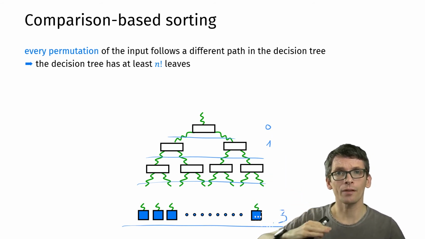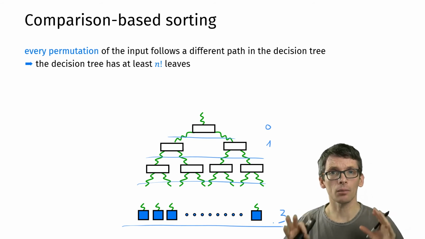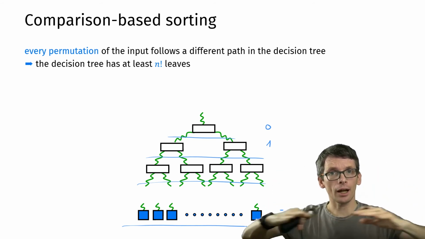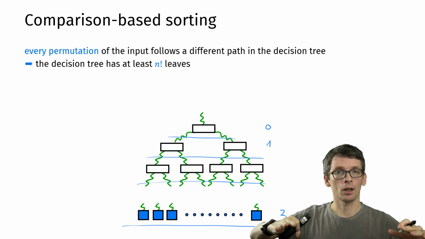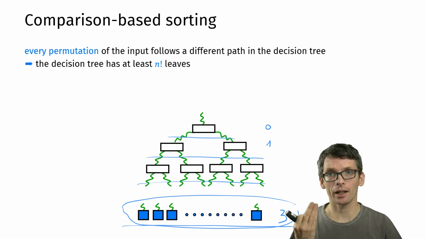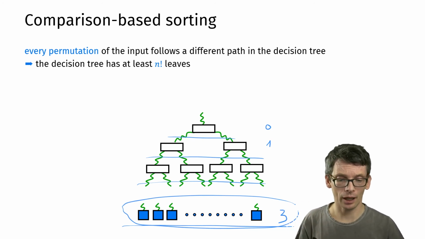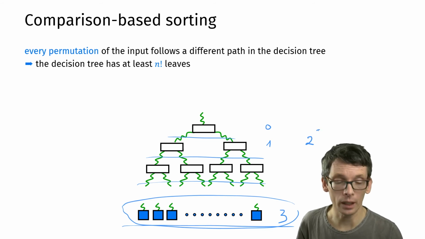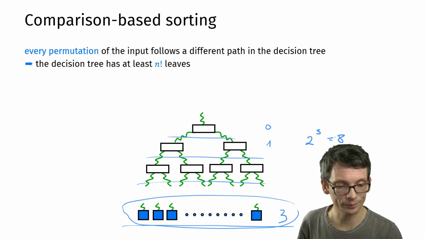So first observe that if we want to maximize the number of leaves for a given height, the best is to have all of the leaves at the lowest level. So how many nodes do I have at the third level here? That is actually 2 to the 3, so 8 nodes.